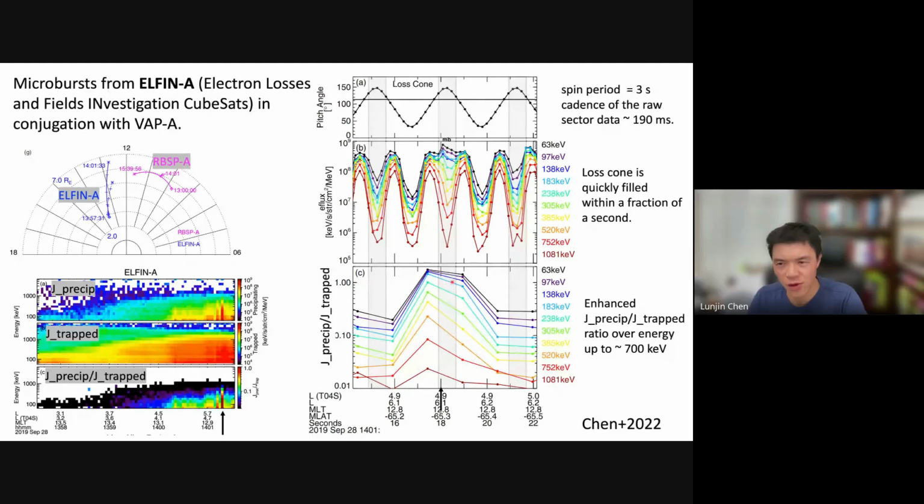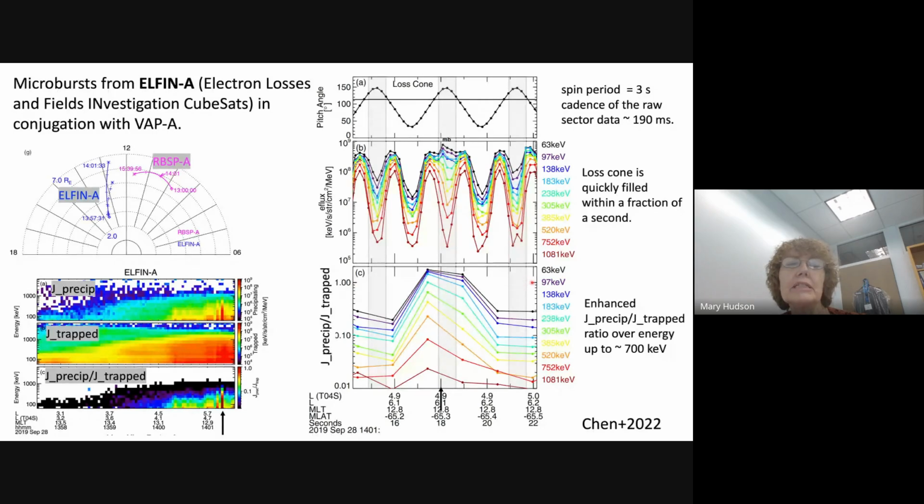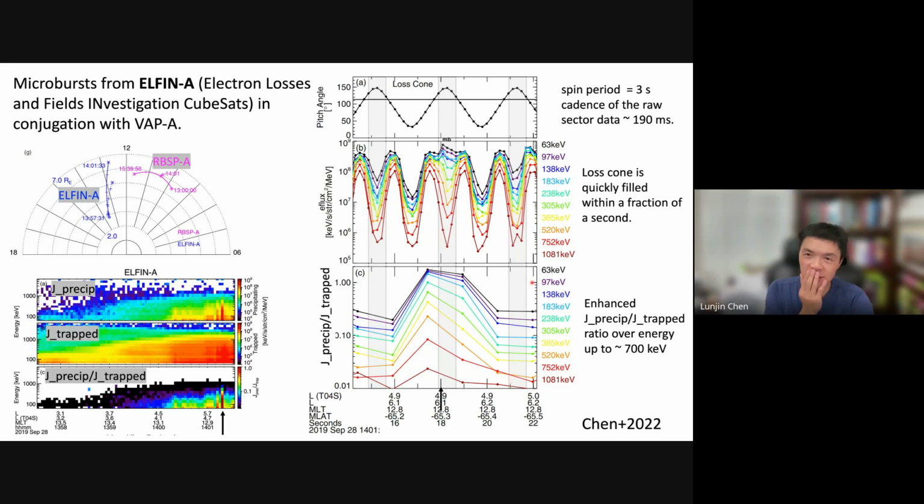So for those low energies, below about the 10 keV range, the flux inside the loss cone can be greater than the flux outside the loss cone. And again, that's probably due to a generation of backscatter filling the loss cone, I would imagine. When we say the precipitation, I mean the flux inside the loss cone, not in the anti-loss cone.